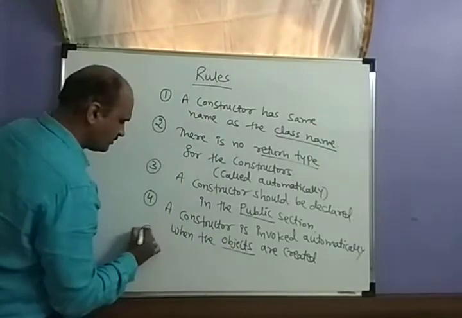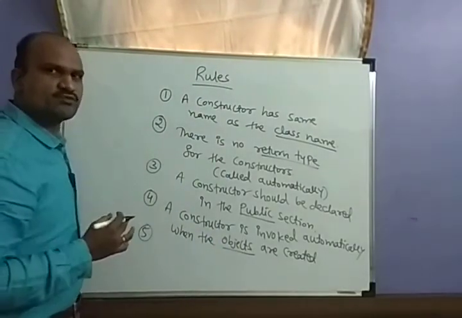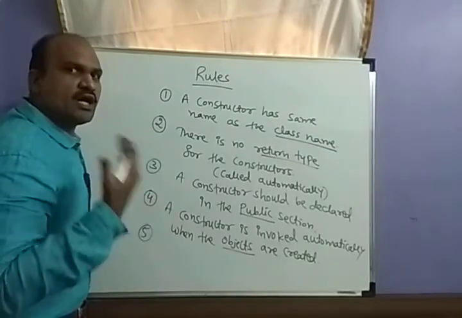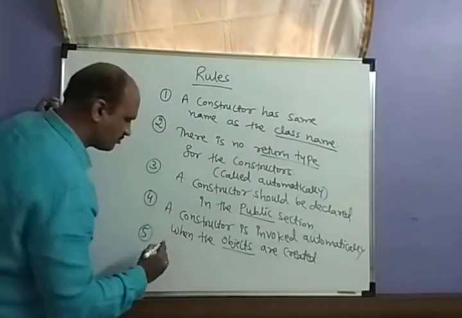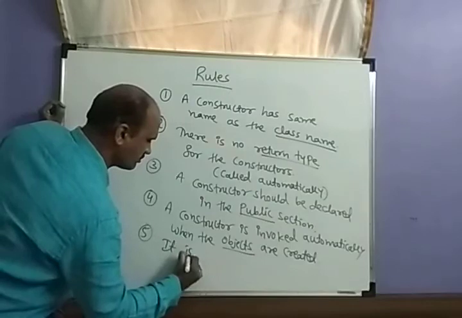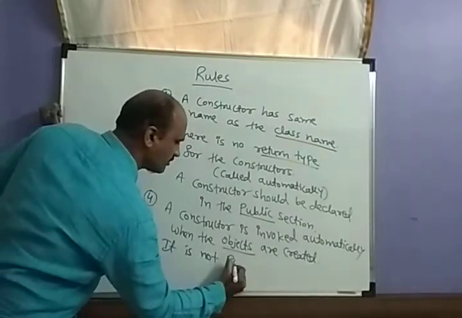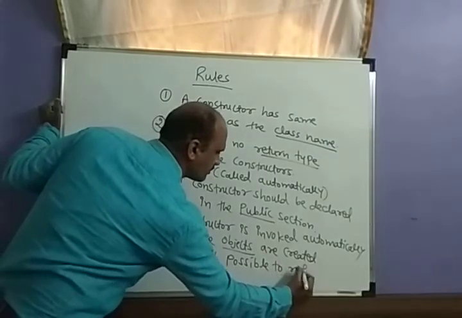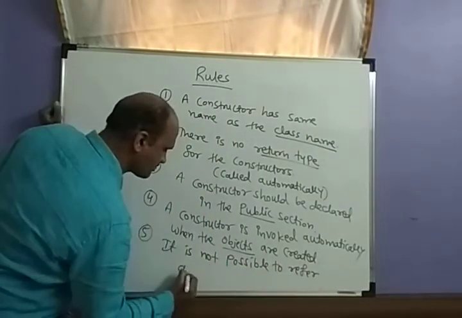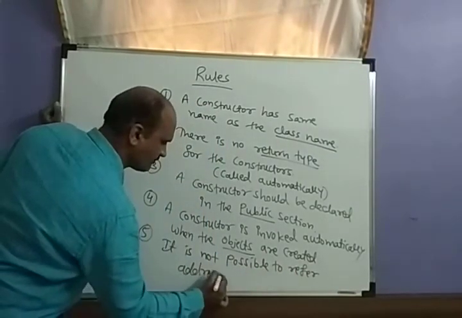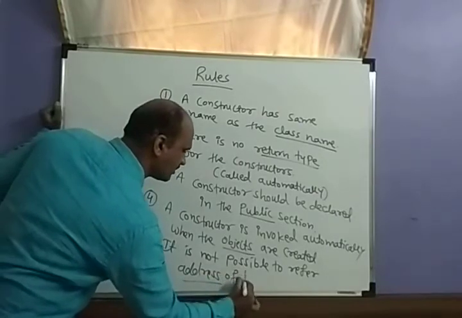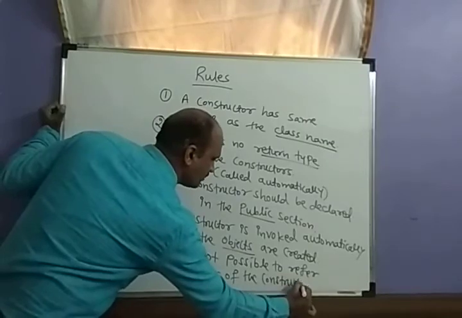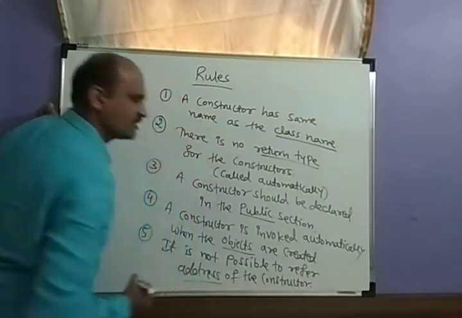And the fifth rule: it is not possible to refer to the address of the constructor.